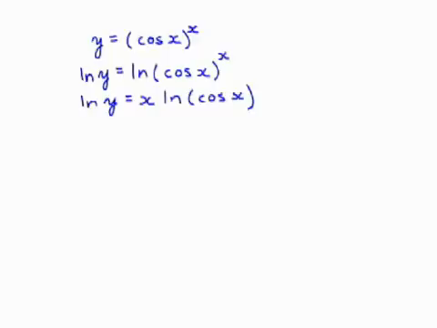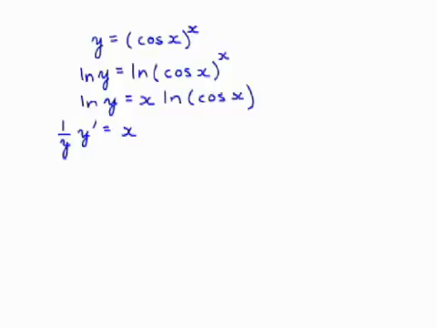So when I take its derivative with respect to x, I must use implicit differentiation, and I obtain 1 divided by y times y prime. On the right-hand side of the equation, I have one function, x, being multiplied by another function, the natural log of the cosine of x. So I have to use the product rule.